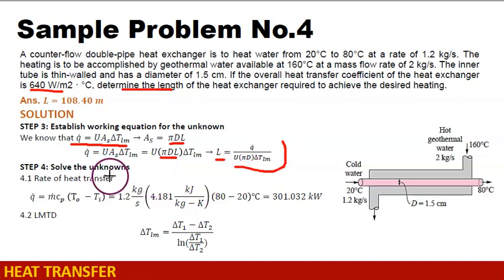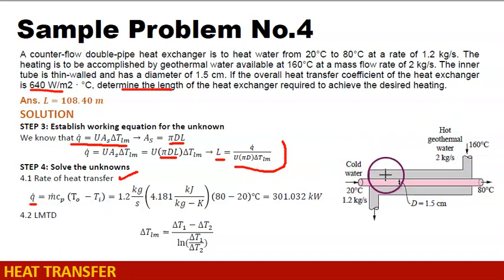For the first unknown, which is the rate of heat transfer, our Q can be solved using either the geothermal water or the cold water, depending on the availability of the temperatures.